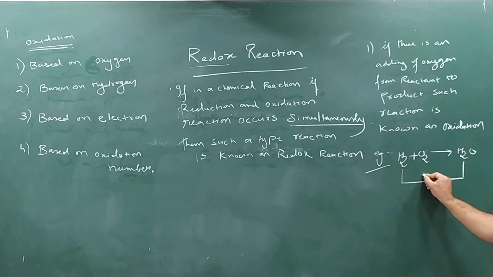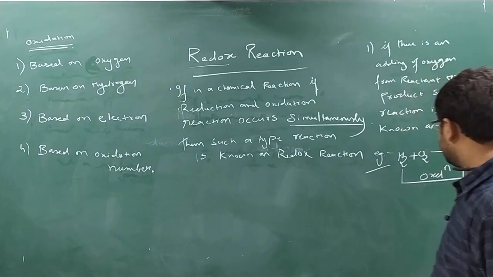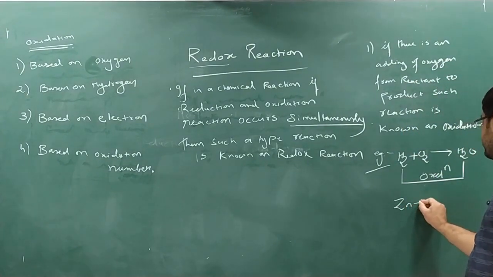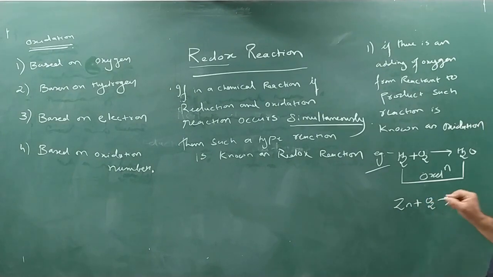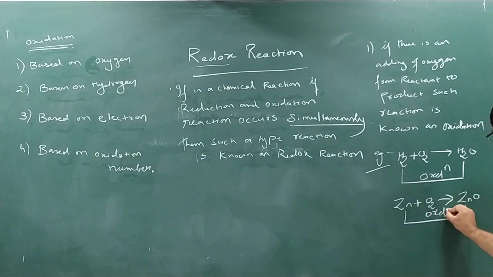So such a type of reaction is known as oxidation. Another example, if I react zinc with oxygen, I will get ZnO. Here Zn is alone, and when you go to the product, oxygen is added to zinc. So such a reaction is known as an oxidation.